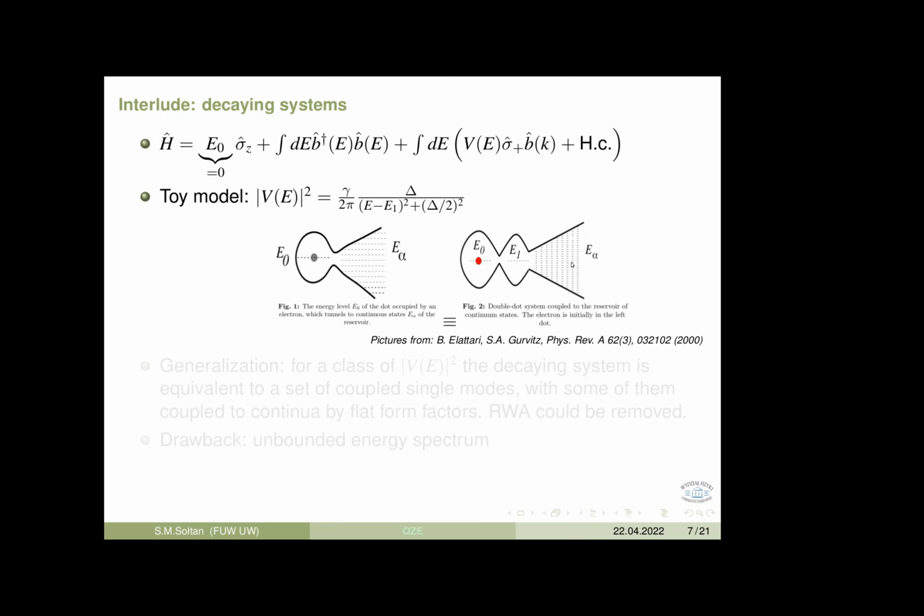So we have a relatively simple system compared to the system with some non-flat form factor.